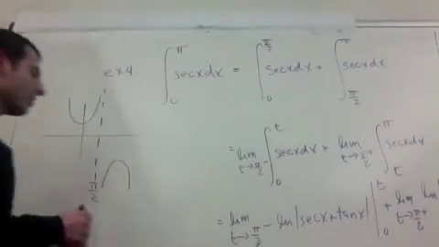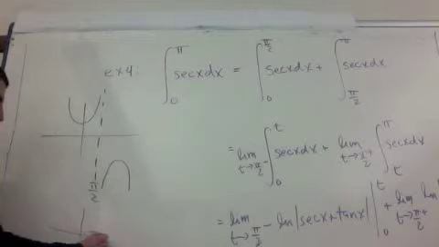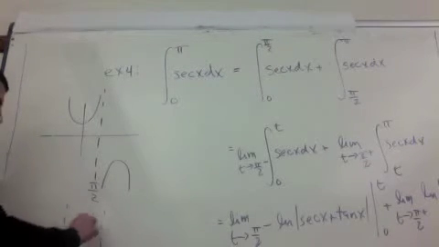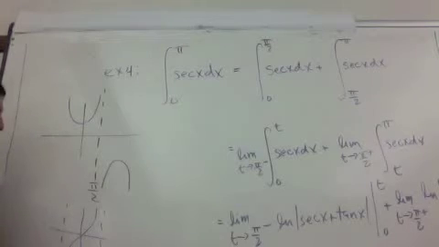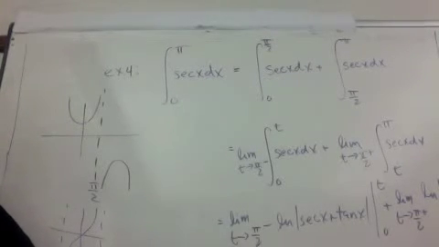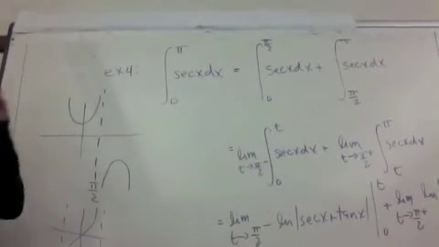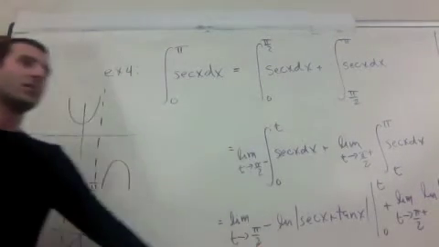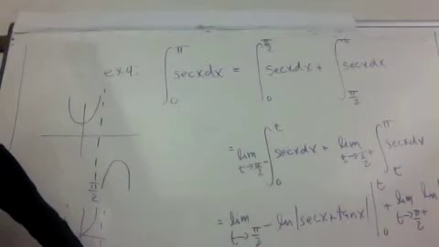How about tangent? You remember that graph? It's kind of like x cubed. So we basically are doing infinity plus infinity, which is infinity. And the natural log of infinity is infinity. So that first limit is infinite, and that's enough for us to stop.